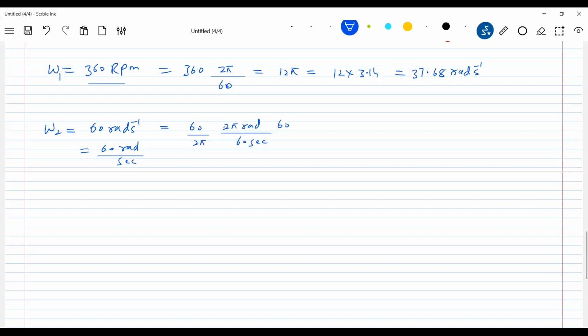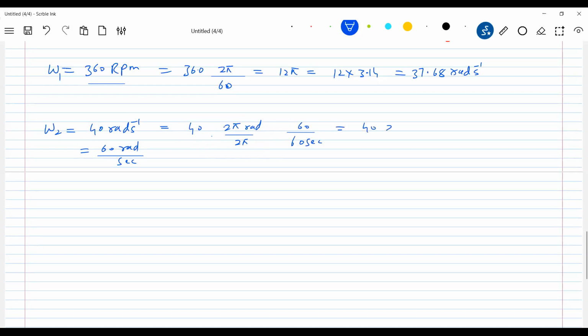Getting the idea? I'll rewrite again. So 60 I'll keep here, and 2 pi radians by 2 pi. Then 60 by 60 seconds. Okay, you adjust things now. 2 pi radians will become one revolution.